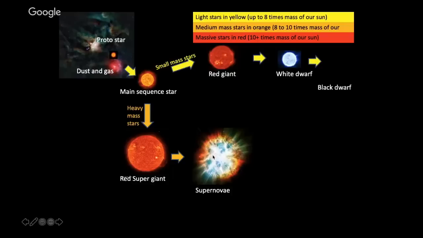And this last little bit of fusion is really important because it's so dramatic, so much energy is released that the star explodes in one of the largest events that happens in our universe, an exploding star. And during this supernova, elements heavier than iron in the periodic table are made.